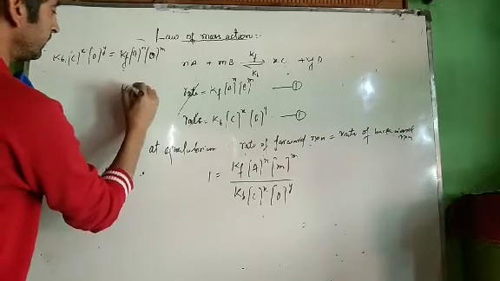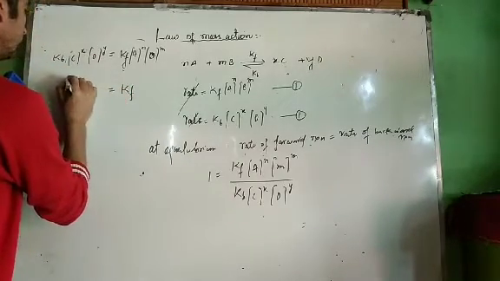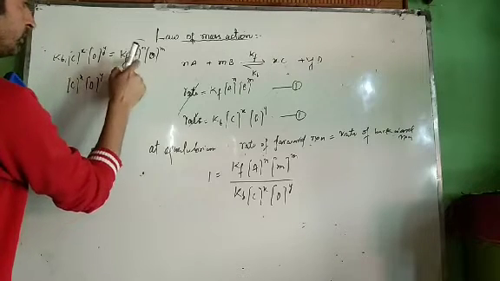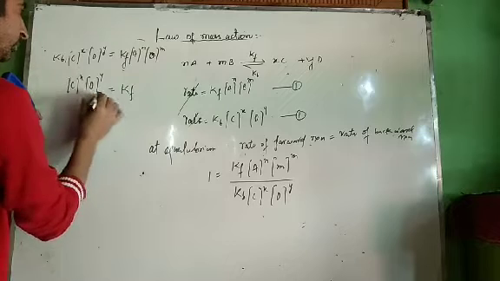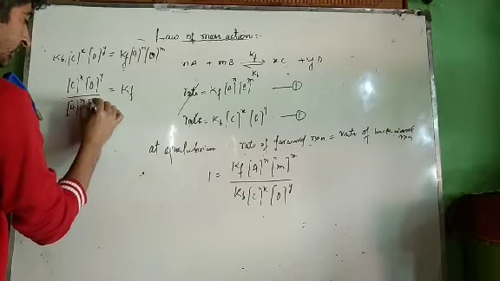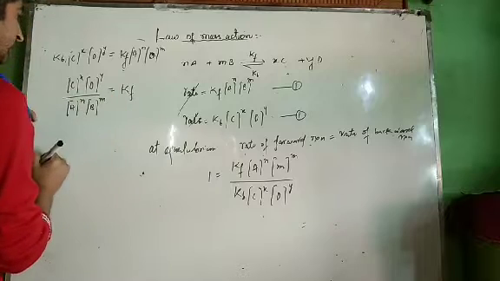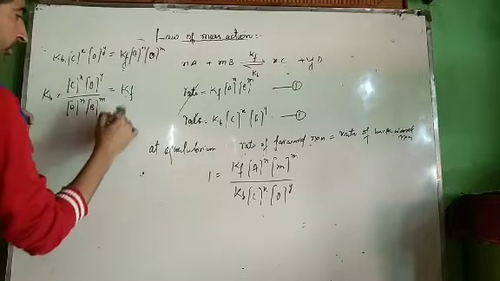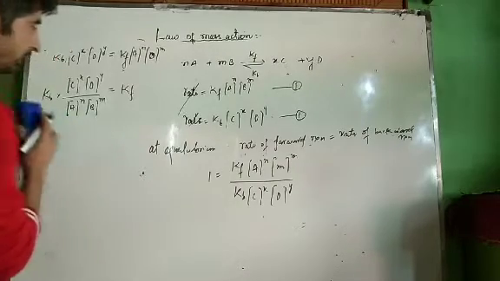Now Kf is over here. It will be equal to concentration of C raised to power x into concentration of D raised to power y. Since it is in multiplication, bring over here, it gets divided by concentration of A raised to power n and concentration of B raised to power m, multiplied by Kb. Now bring Kb over here. Therefore, what we get?